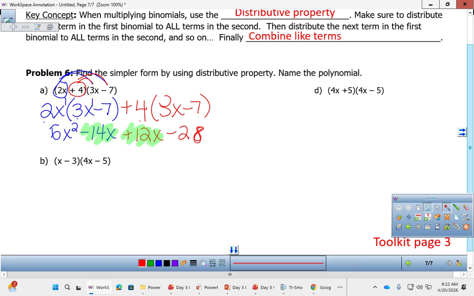In total, I end up with 6x squared, and then negative 14 and positive 12 is negative 2, and when I combine like terms, I keep the variable the same. Minus 28. This one is a quadratic trinomial.